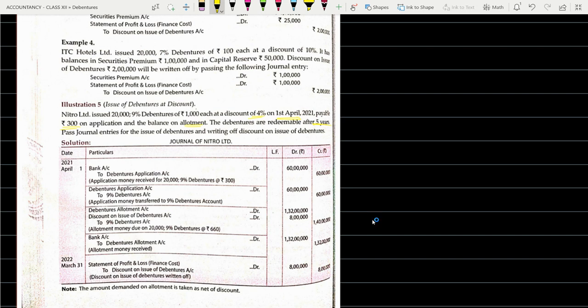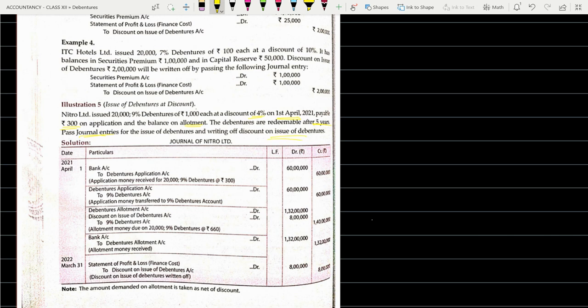In some of the cases they will give you the redeemable period. That means it is payable after, the amount will be paid after these many years. That's what they mean here as redeemable. Okay, so it is redeemable after 5 years, and they're asking you to pass the journal entries for the issue of debenture and writing off the discount on issue of debentures.